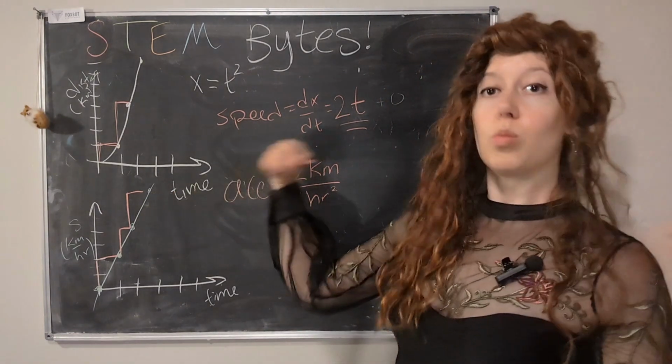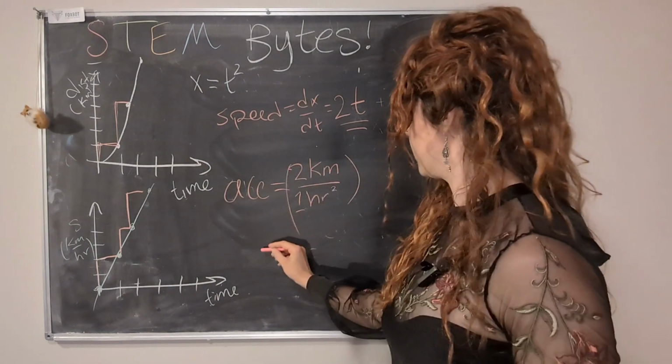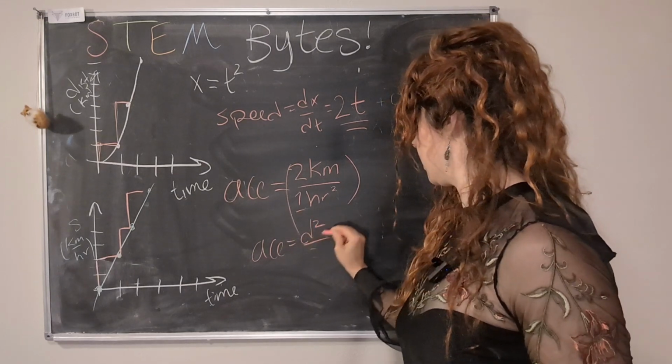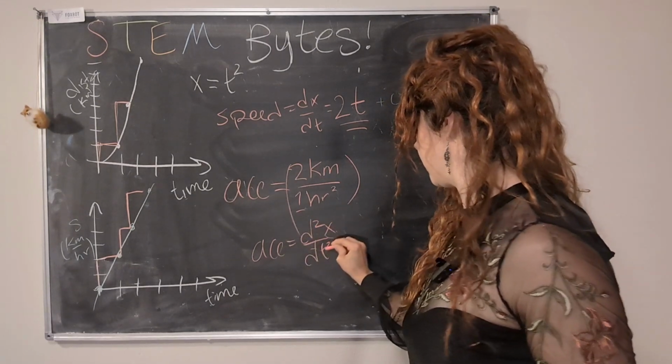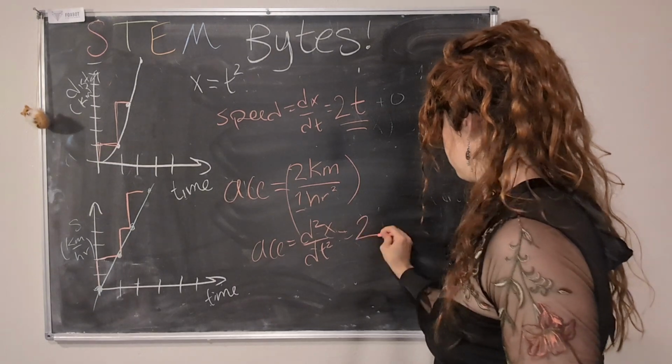And so we would take the derivative to double check that, I suppose. So d squared x over dt squared, and that is just going to equal 2.